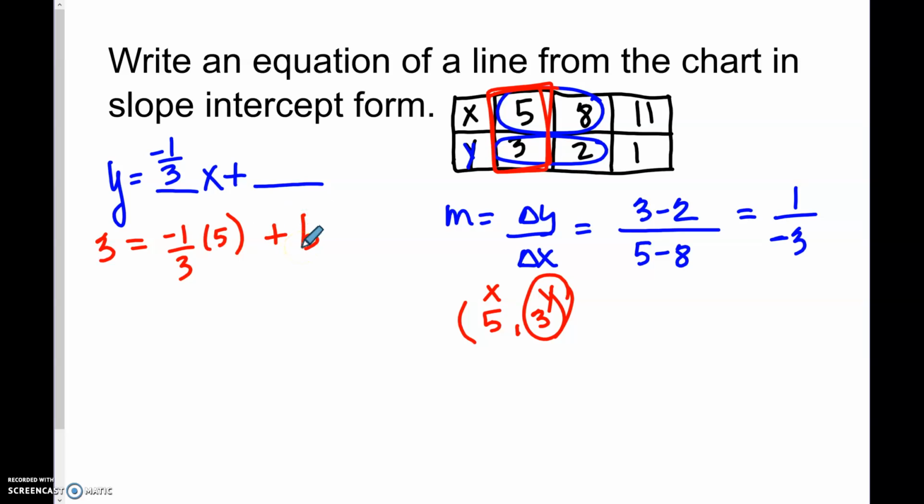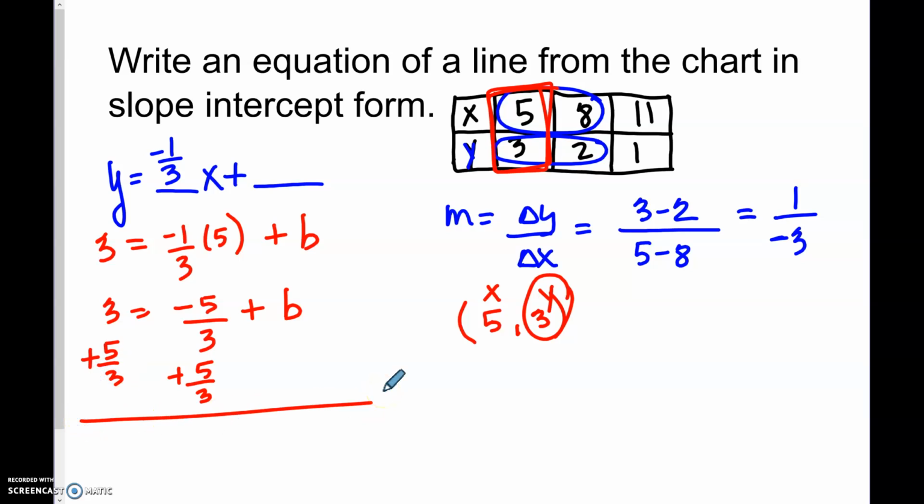All right, we don't have nice numbers here, but that's okay. We're going to multiply this out. So -1 times 5 is -5 over 3 plus b. You can just go ahead and use your calculator. So what we're going to do is add 5/3 to both sides.